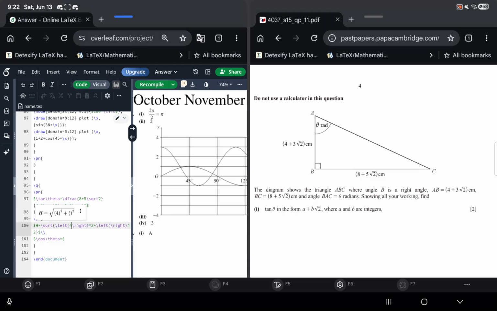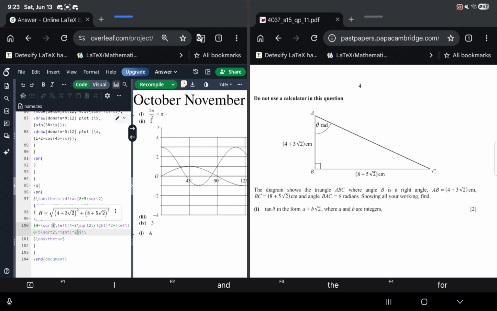So it is 4 plus 3 square root of 2 plus this value 8 plus 5 square root of 2, which is 4 plus 3 root 2 squared plus 8 plus 5 root 2 squared, equal to a disgusting value, an even more disgusting value.